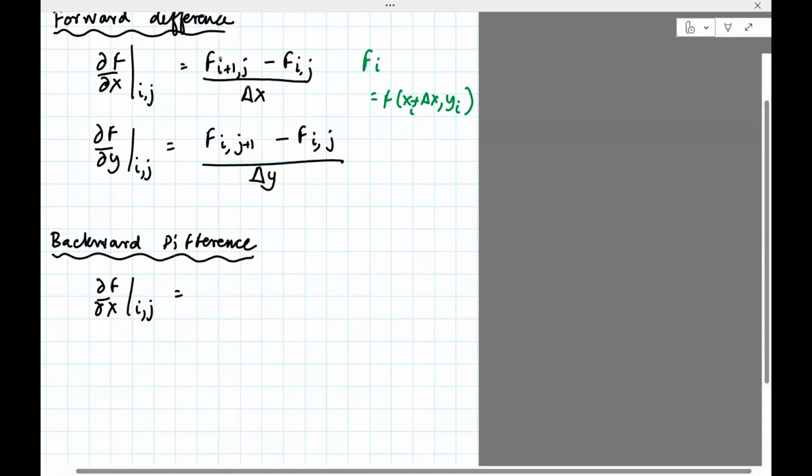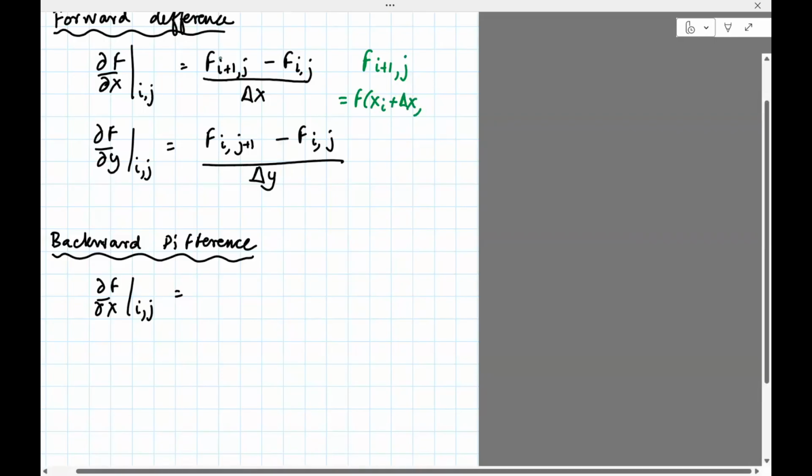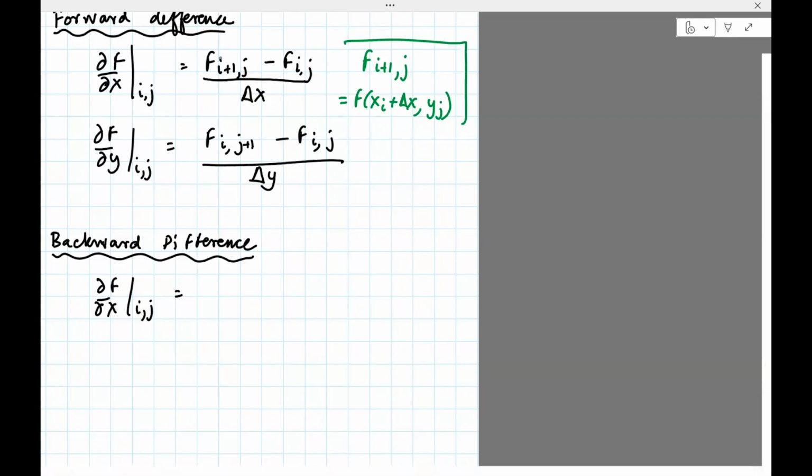So f of i plus 1, j is nothing but f of xi plus delta x, yj. Okay, and then you can do a similar thing for the index j. That's what it means to be i plus 1 comma j.